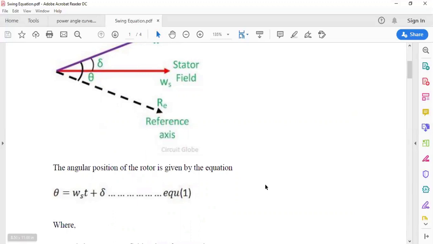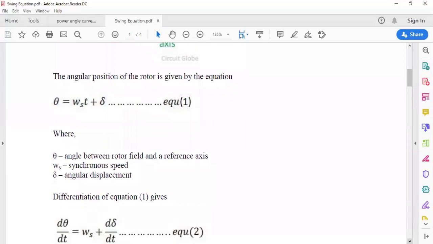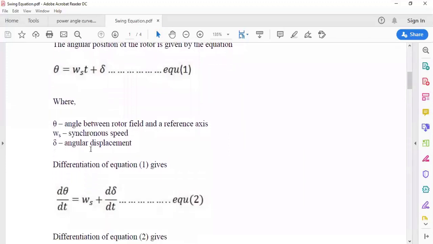Now take the first derivative of this equation. If I take the first derivative, d theta dt is equal to omega s plus d delta dt. So this is our equation number 2. Here every notation is given, already I have mentioned. Similarly, we want to get angular acceleration, so we have to take the double derivative of this equation. So again take the derivative of this equation.